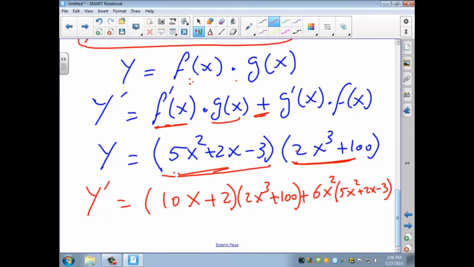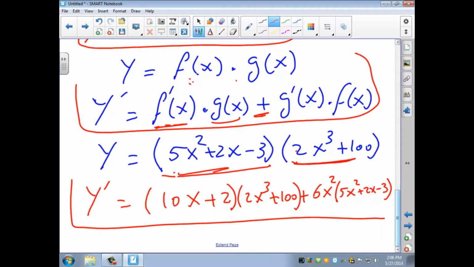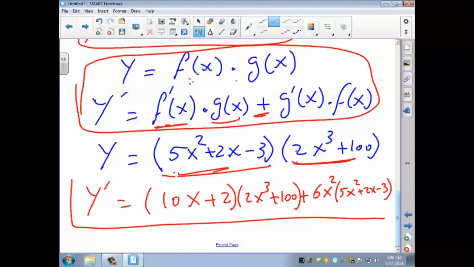That's basically the derivative. You can simplify that by multiplying and write it in a little bit simplified form yourself. But that's basically how you find the derivative. So this would become the formula for the derivative when you have two functions multiplying by each other.